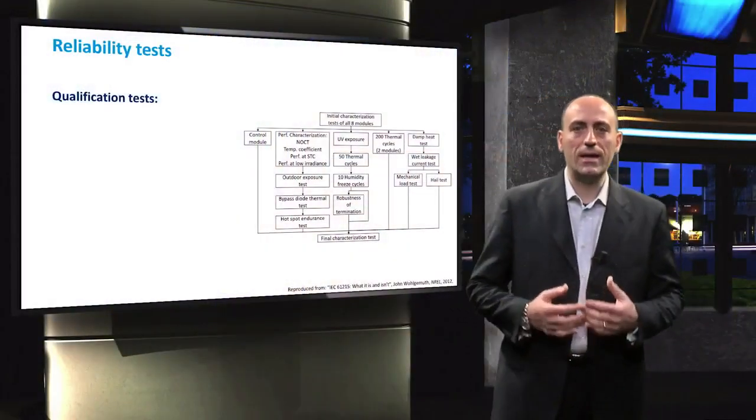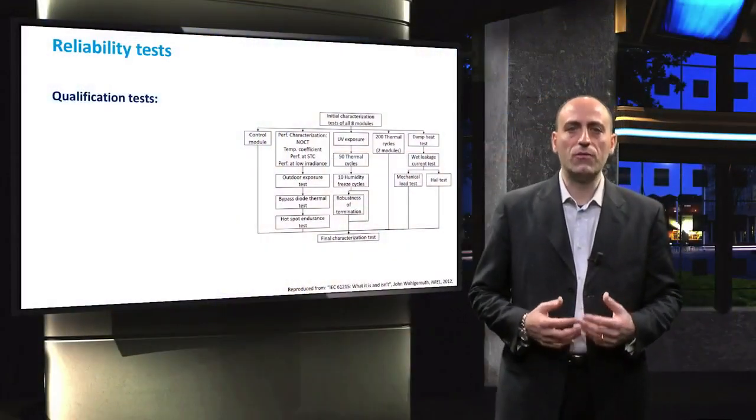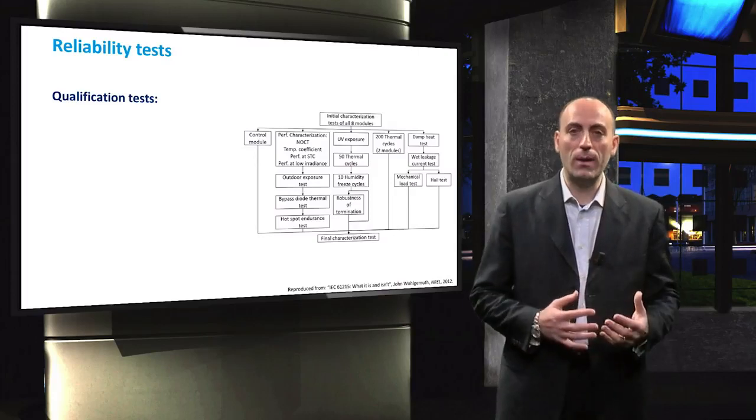Also, the manufacturer is free to select the modules it sends for testing, so there is no random selection. Additionally, the IEC certification only functions as a pass-fail set of tests. It does not report the actual magnitude of degradation after the tests, nor does it seek to discern the root cause of performance loss.